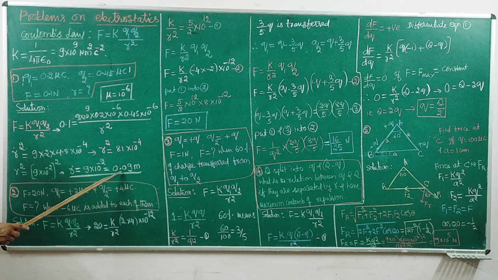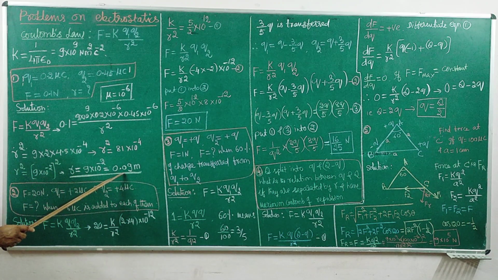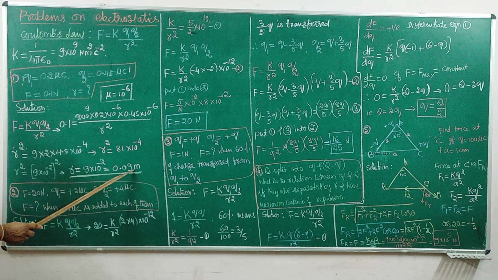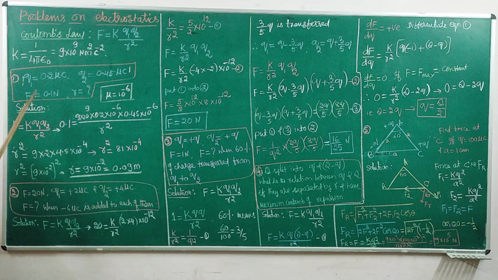You get the value in SI because the values substituted are in SI. This is the value of R in meters. 0.09 meter is the distance of separation between these two charges which experience a force of 0.1 Newton. This is the way of solving the problem.